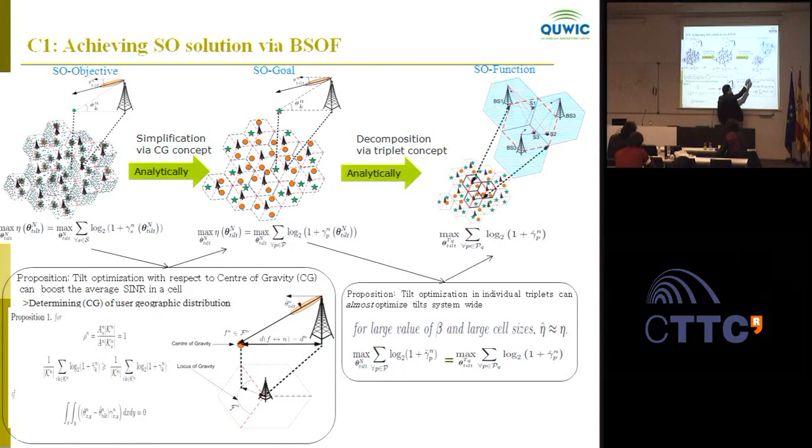Within the triplet, the base stations can cooperate. For example, in this particular triplet, when optimizing the tilt, the base stations will take into account the SINR, which is a function of the tilts of the rest of the two base stations only, not all the base stations. If that's the case, then our problem becomes this. This cap here shows this SINR is not anymore a function of all the tilts, but just the two most neighboring tilts.